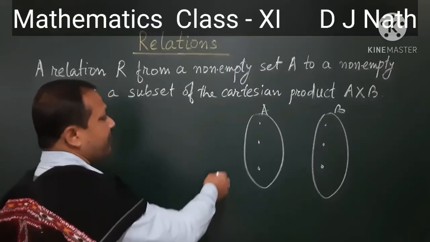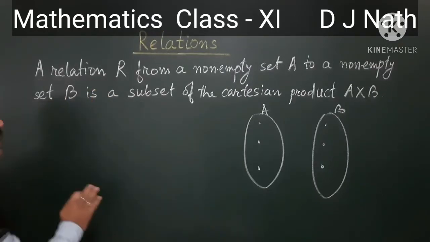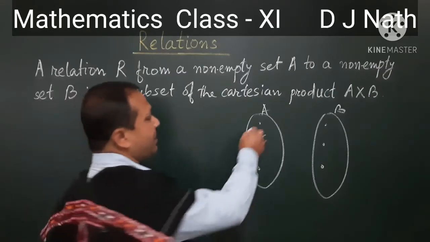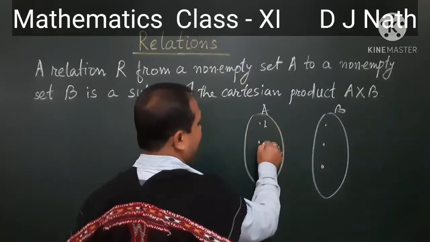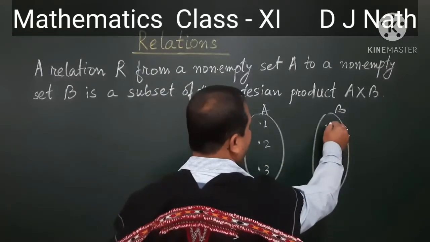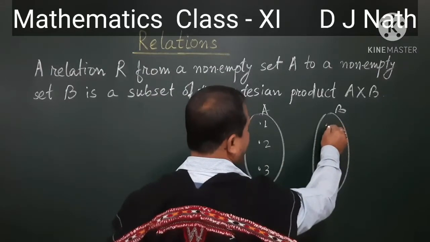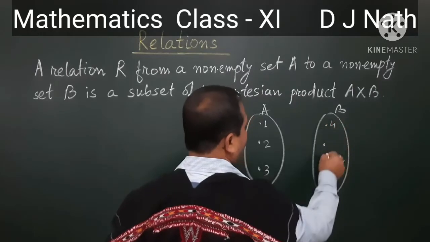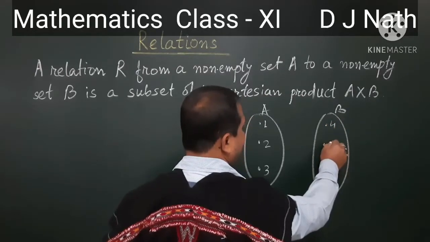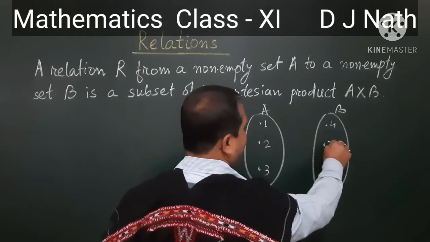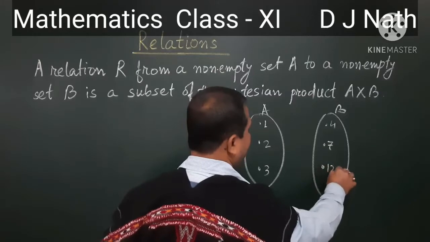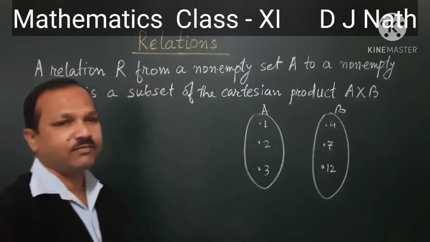Say here, if we take an example, here there is 1, 2, 3, and here it is 4, 7 and 12. Alright?